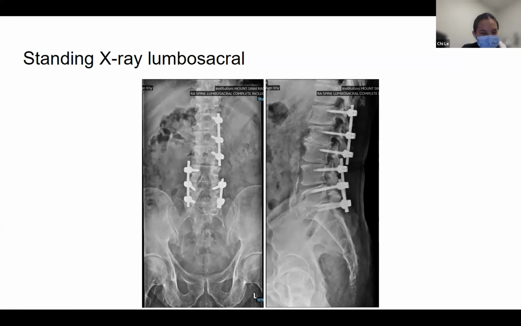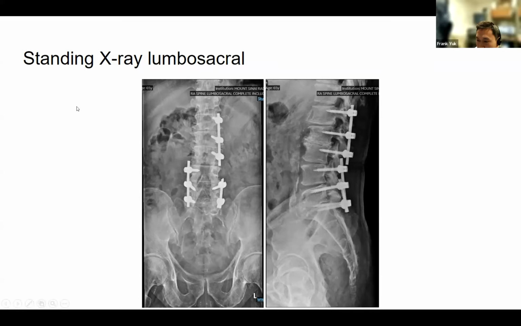And we can see that the fusion at the top is only on the left side, from L1 to L3. And then there's fusion bilaterally from L5 to S1. And on the right, there's also fusion at L4 as well.